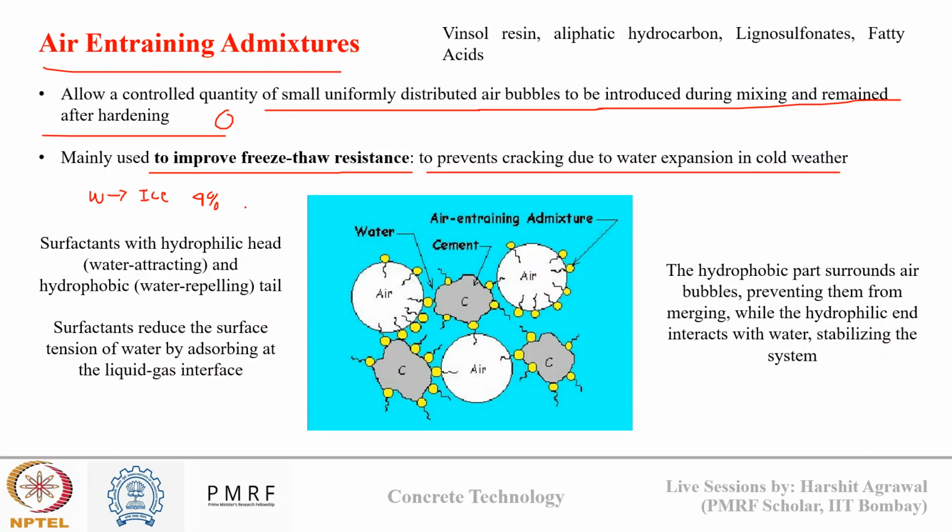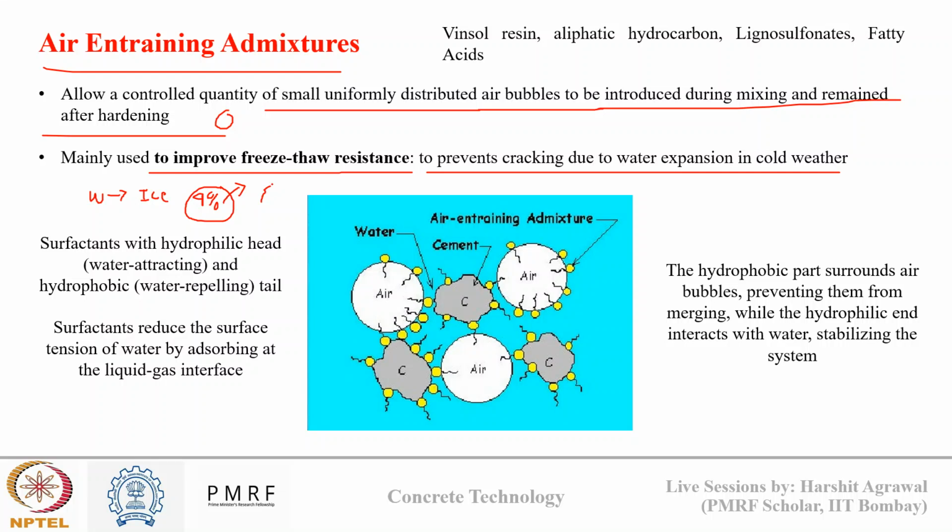Okay, now we know that concrete is rigid. It has very limited free space inside it to accommodate any expansion. So what happens due to this volume increment is that there is tiny cracking inside concrete, because of the pressure that ice has exerted on the concrete.